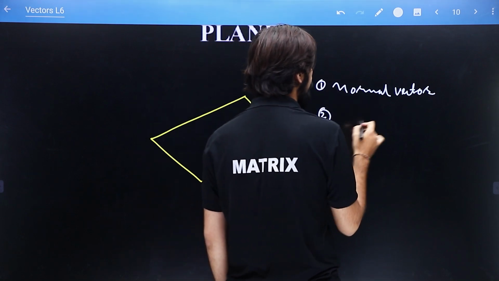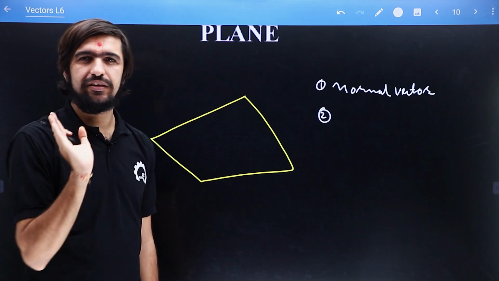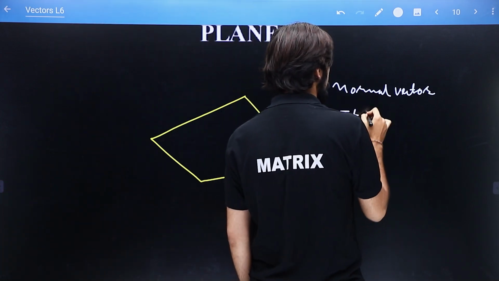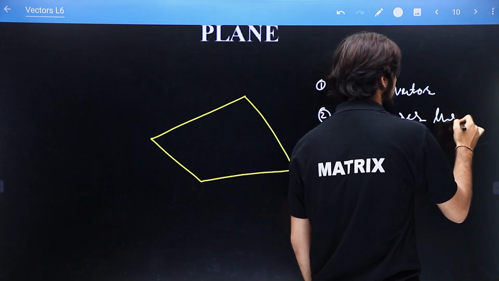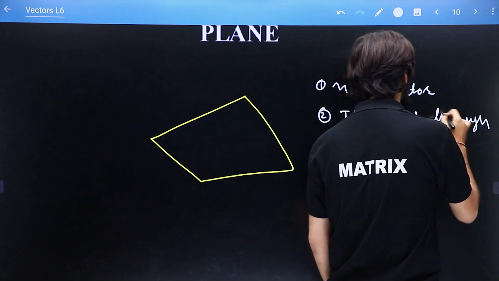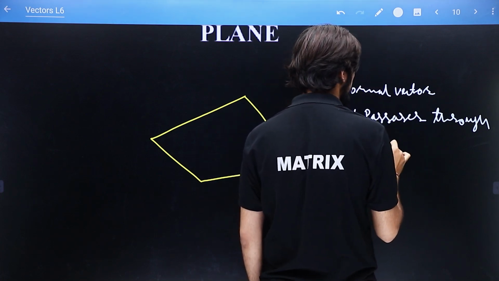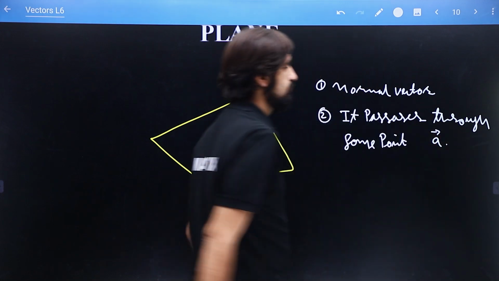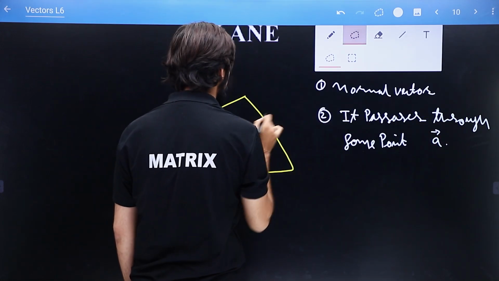And the second thing is that it passes through a point, meaning one more piece of information is required. If the normal vector is given, then one more piece of information is required, that it passes through some point, let's say vector A. Okay, so let's make this plane a little bigger.